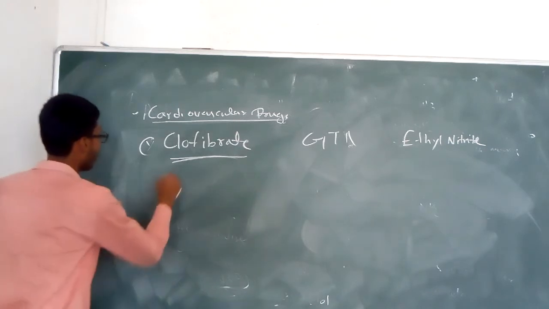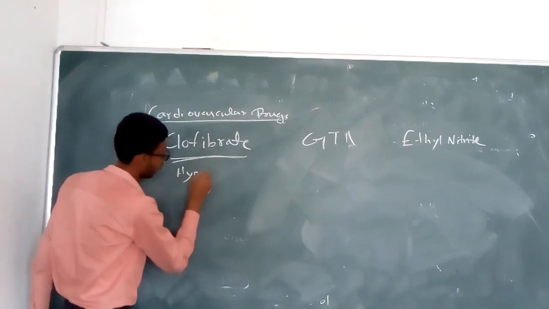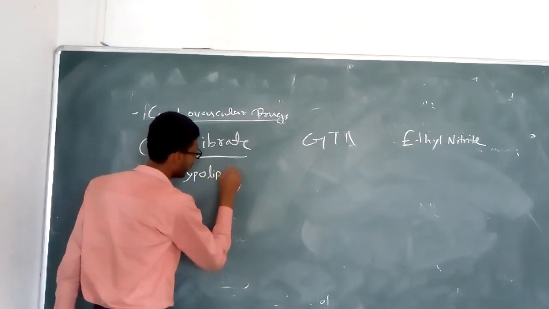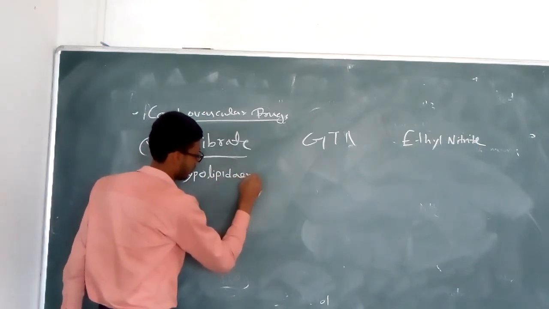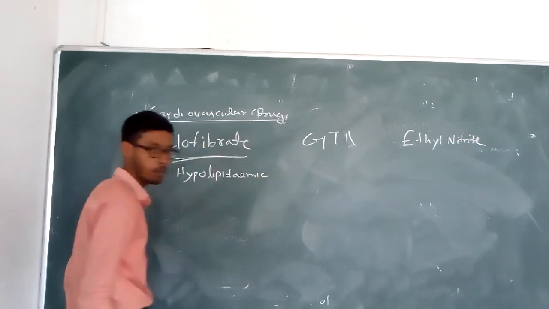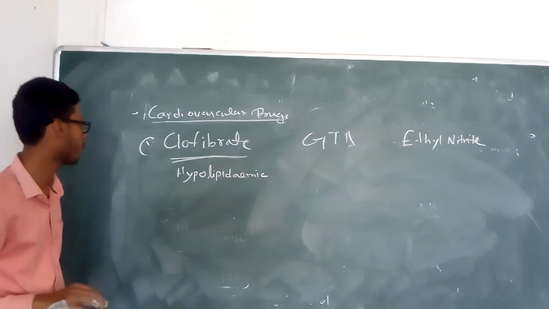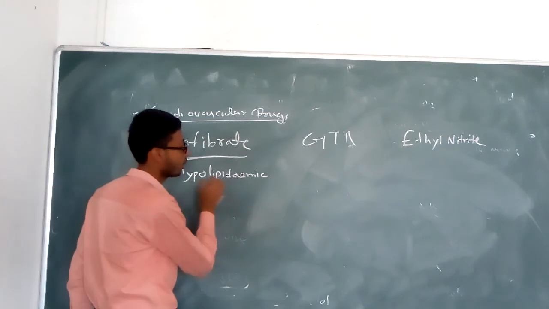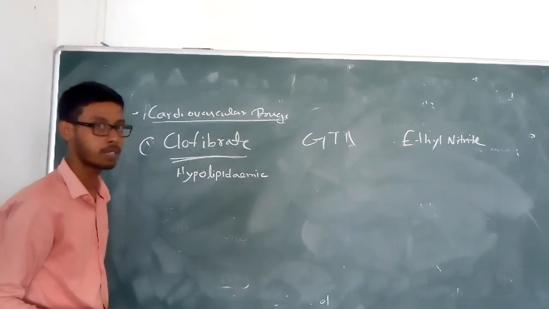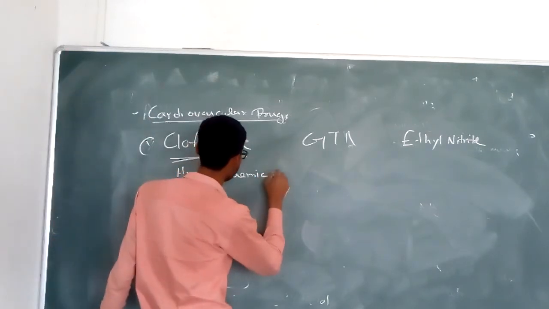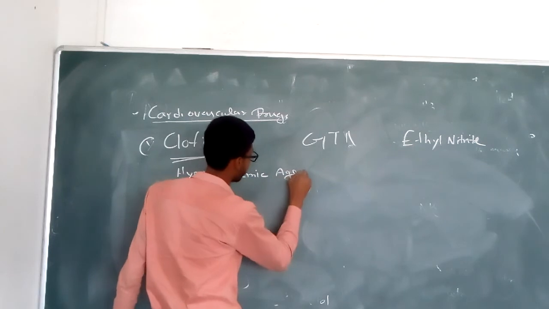Hypolipidemic agents means hypo means lower, lipidemic means the lipids in the body. So it reduces the excessive amount of lipids present in the body, and lowering the lipids is known as the hypolipidemic action.